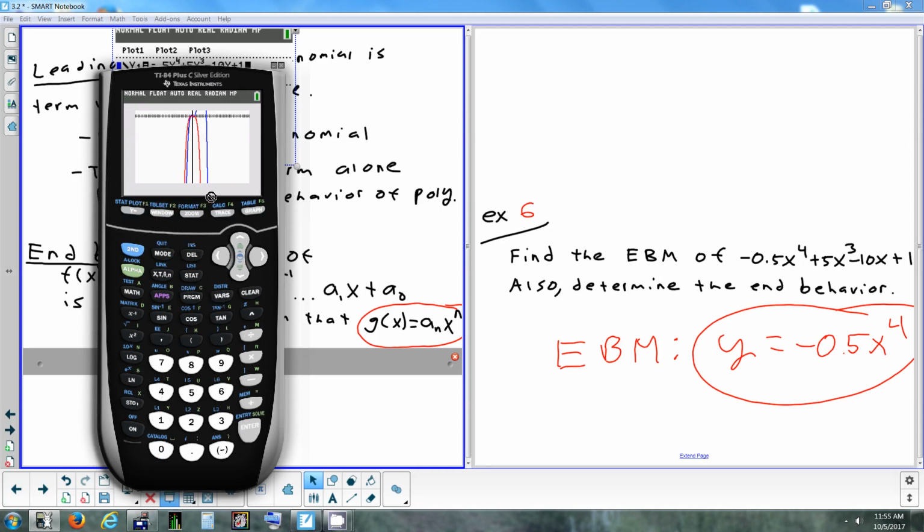They're starting to get closer together. In fact, the further down I go, if I try negative 5,000, eventually they're going to look like they're right on top of each other. There's your blue graph and there's your red graph. They're getting closer and closer, and starting to look the same.